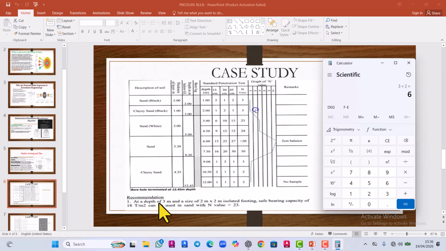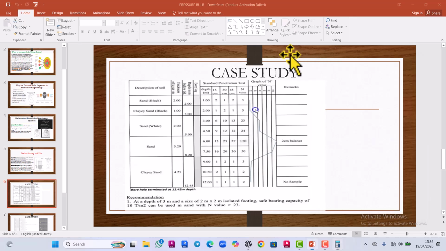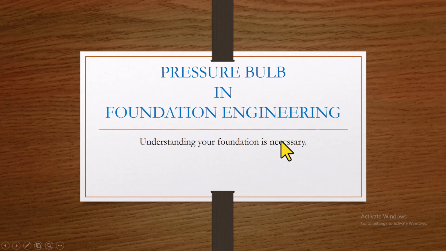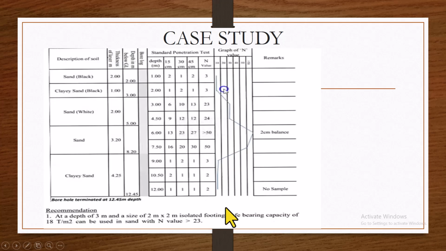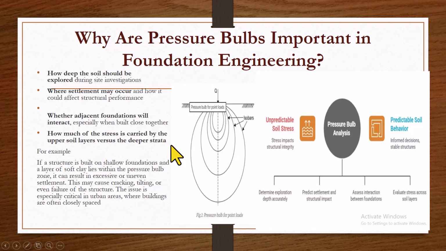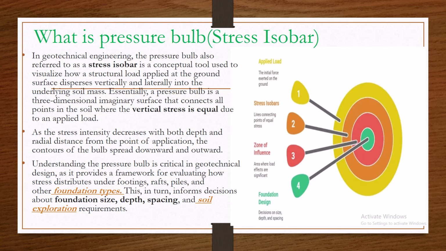So from now you can see the importance of the pressure bulb, because it helps inform decisions about foundation size. The geotechnical engineer has given us a particular size.